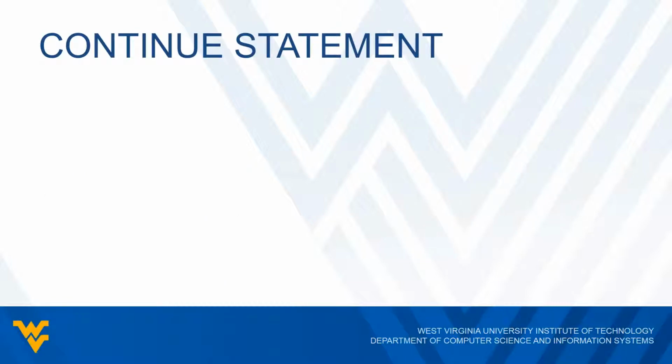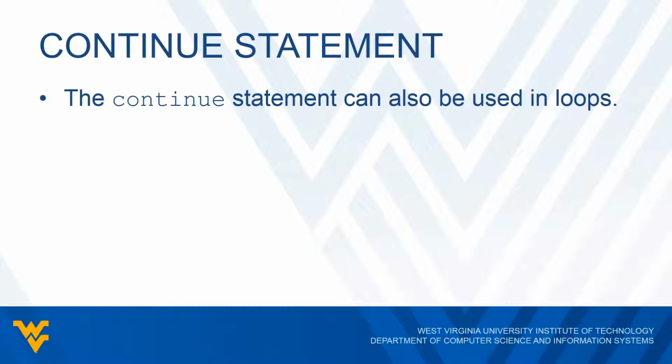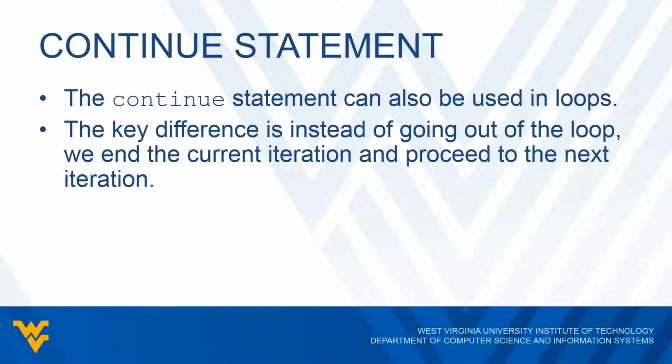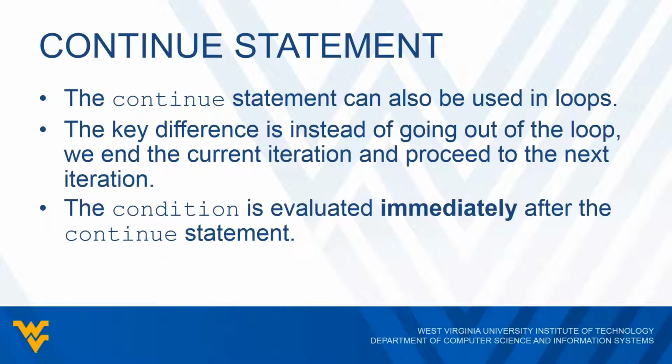The second statement we can take a look at is called the continue statement, and this can also be used in our loops. The biggest difference between continue statements and break statements is that instead of immediately getting out of the loop, we just end the current iteration and proceed to the next one. Anything that comes immediately after the continue statement, we skip, and we immediately go to the condition and reevaluate it.